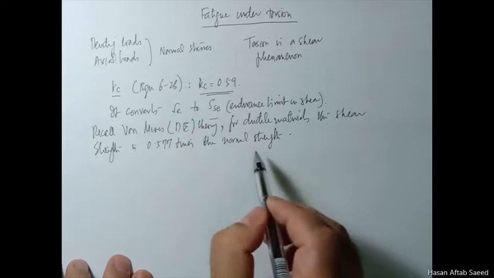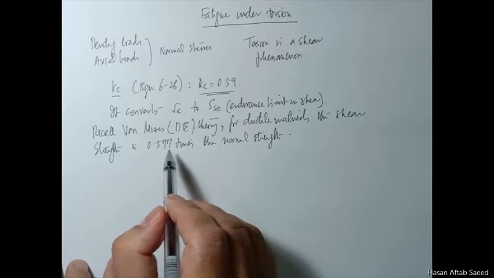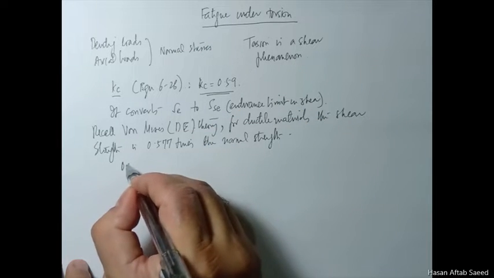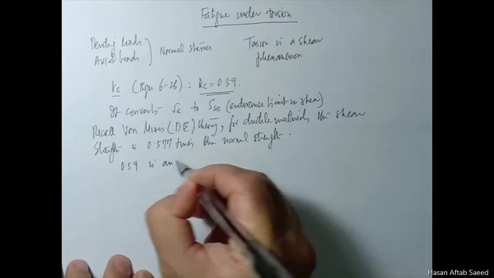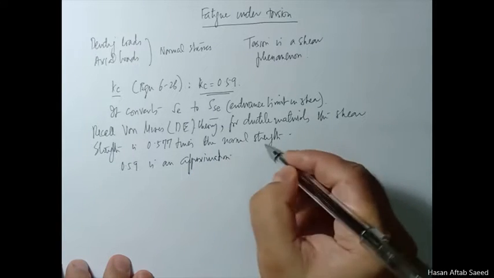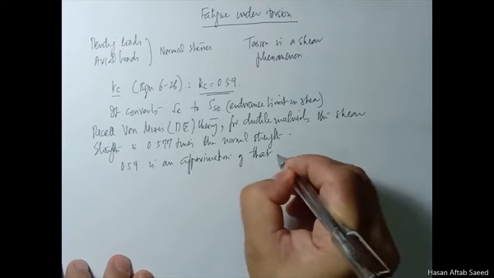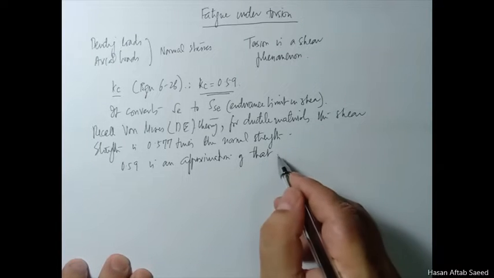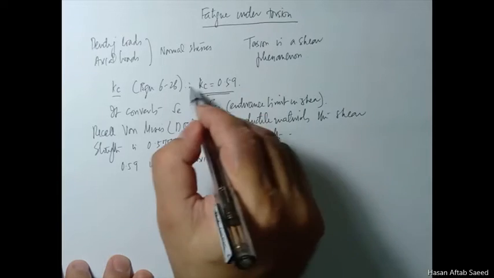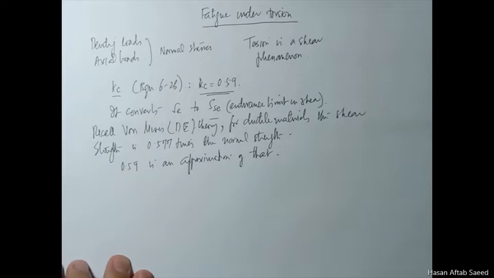If you multiply the normal strength with 0.577, you get the shear strength. Now this 0.59 is an approximation of the same thing. So this converts your SE to SSE.